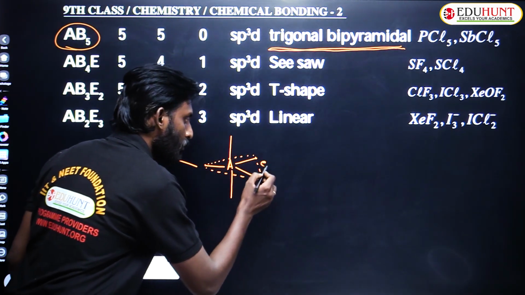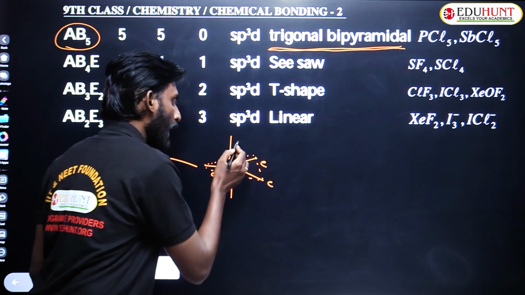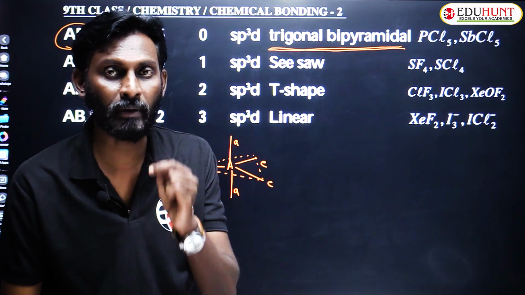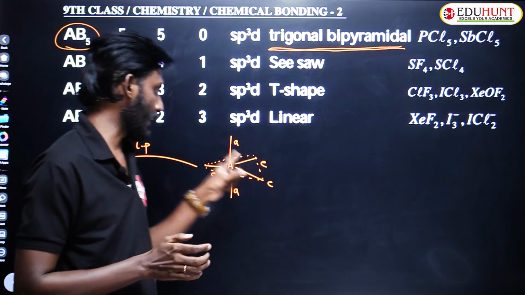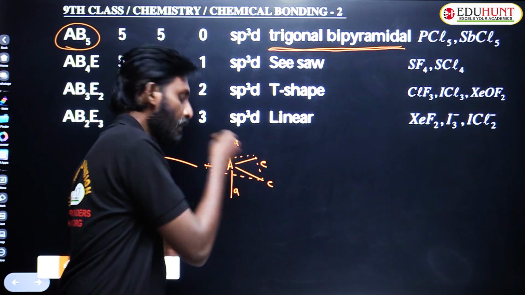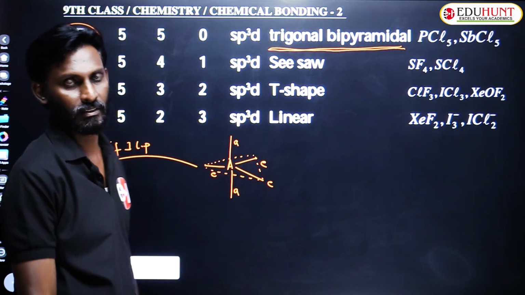These 3 are called equatorial positions, and these 2 are axial positions. Whenever there are lone pairs, the lone pair must be present at the equatorial position. So simply saying, lone pair prefers the equatorial position.